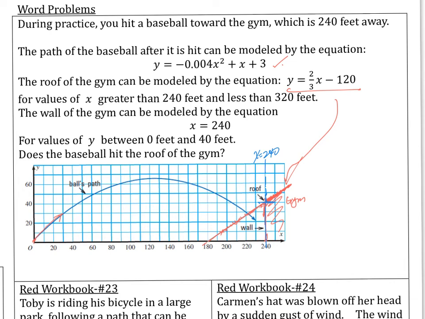Does the baseball hit the roof of the gym? Well, after the parabola is graphed, it intersects at this point, which is about between 220 feet and 240 feet.